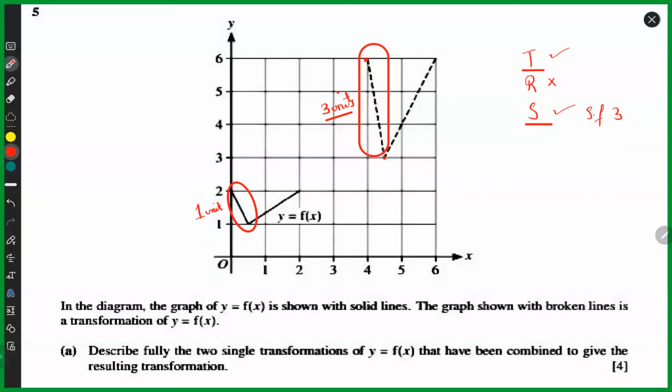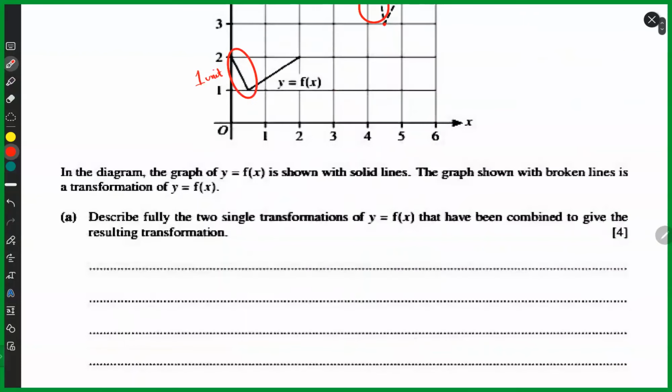So you can write it down this way. Let me answer it for stretch: stretch by a stretch factor of 3 along y-axis.